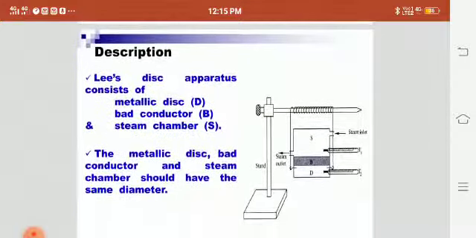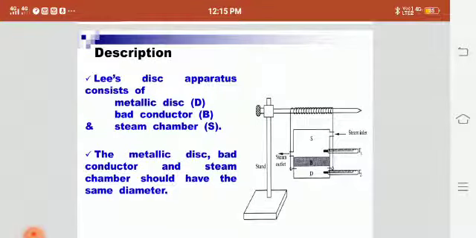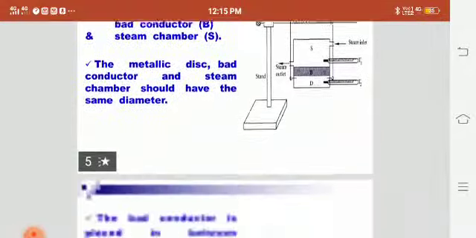First, we will see the description, that is the construction of this method. Lee's method apparatus consists of a metallic disc, that is capital D, a bad conductor, and a steam chamber. The metallic disc, bad conductor, and steam chamber should have the same diameter, that is, it should not exceed the material.